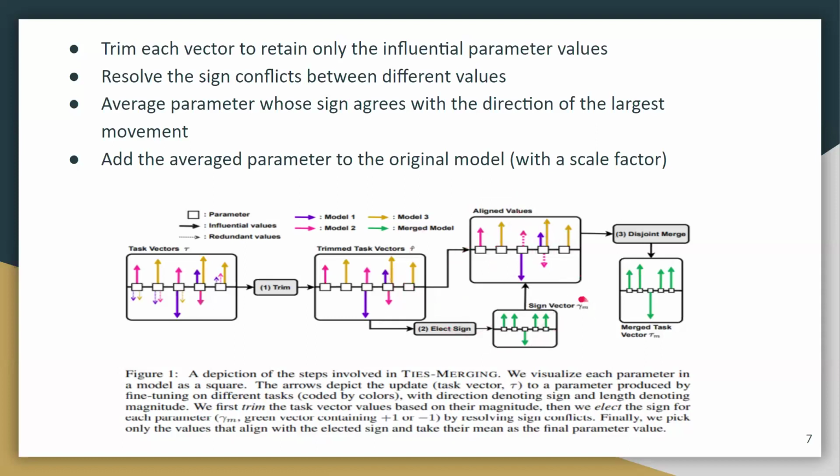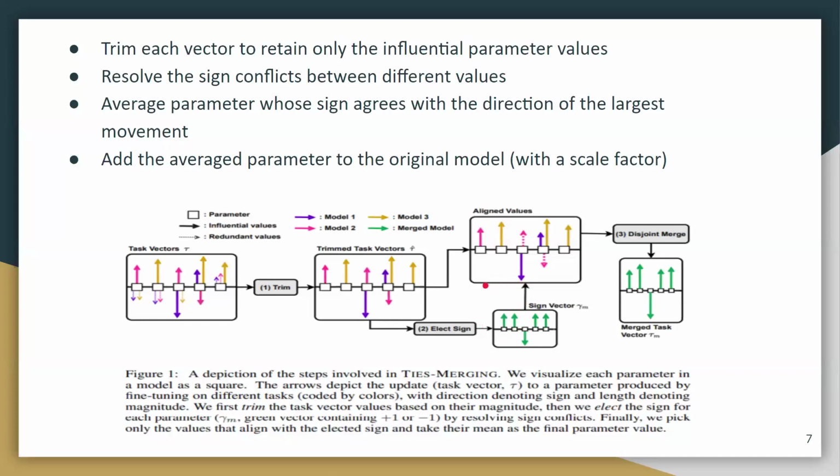Once we have the sign vector, we eliminate the parameters that don't have the right sign. For the third group, we eliminate the pink parameter, and for the fourth group, we eliminate the pink parameter again. So here we eliminated the parameters according to the sign.